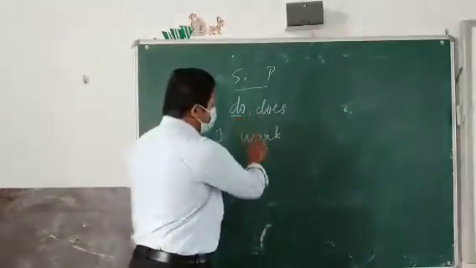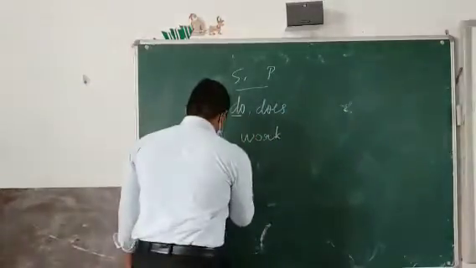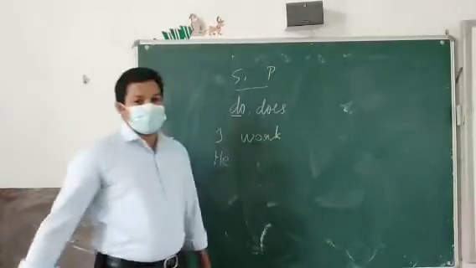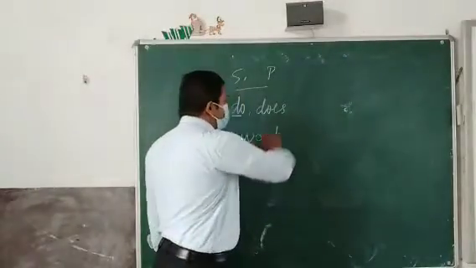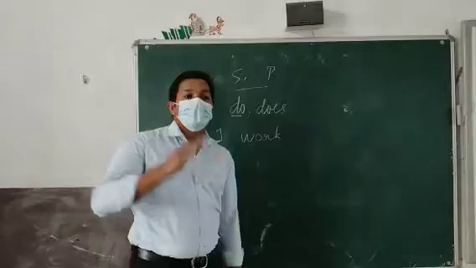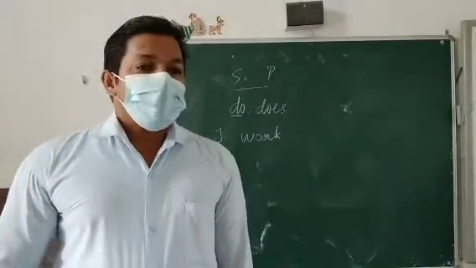This do is hidden in this. But when the subject is he, then it will become works. It becomes works when does is added with this one. Do you understand? Work plus does. When this is added, then only it will become works.